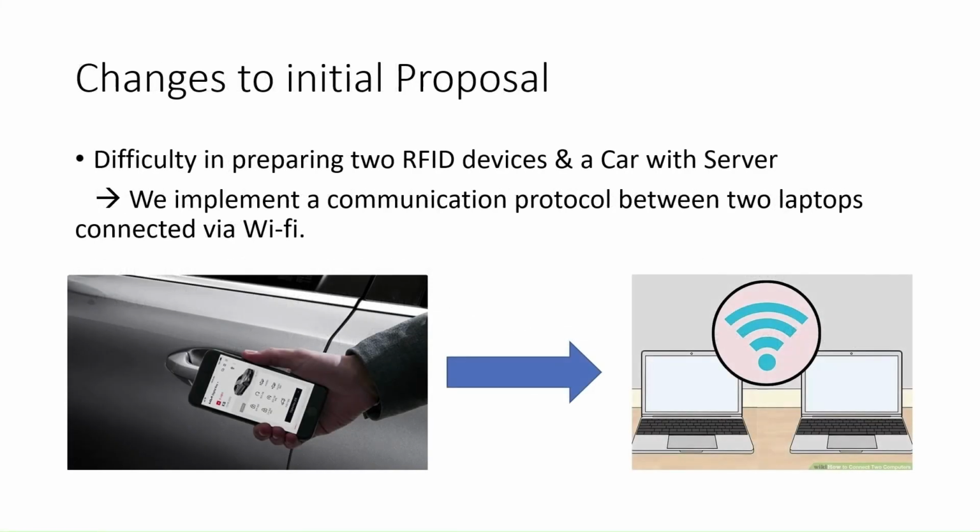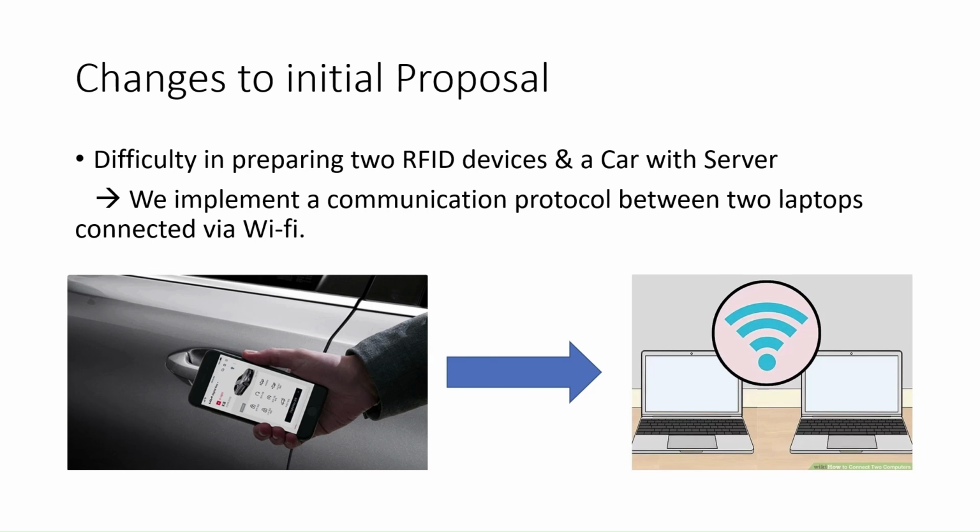The first project that our team started was the construction of an encryption protocol for communication between the car and the RFID car key. However, because of the difficulty of preparing a car with an RFID reader and server computer, two alternative laptops are connected to the same Wi-Fi and transfer the password data, and the password is updated according to the laptop's usage time.